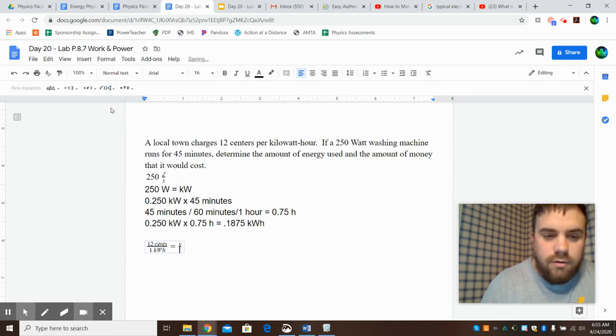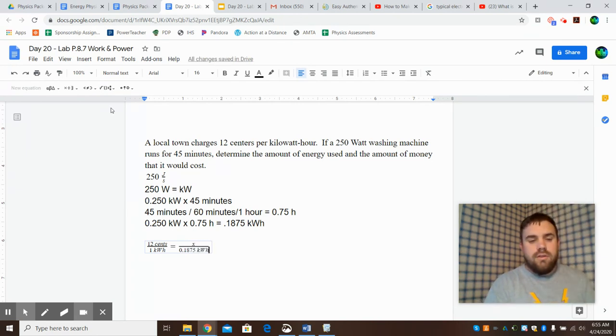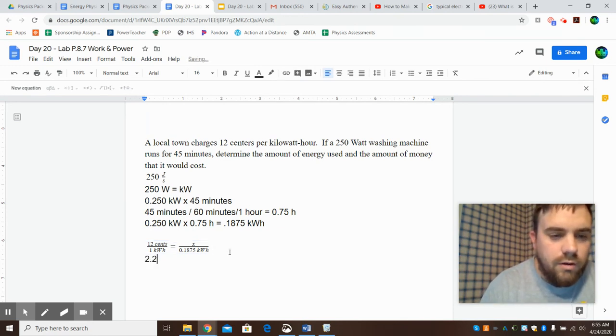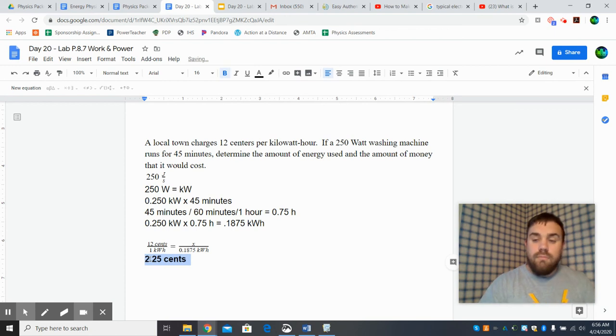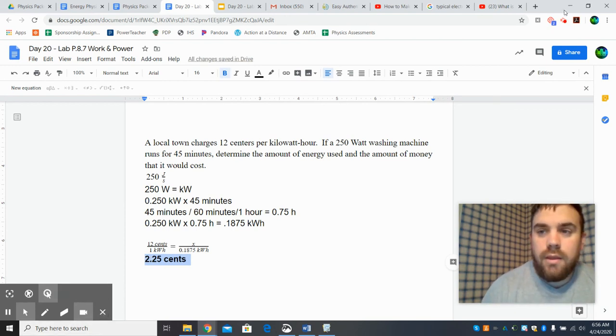So X over 0.1875 kilowatt hour. When I cross multiply this, all I see is that I'm taking that number times 12. So it's going to cost you 2.25 cents to run that washing machine. And that is how you can do some really basic calculations on some appliances around your home. That's it.